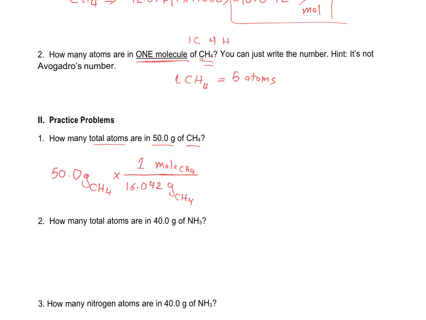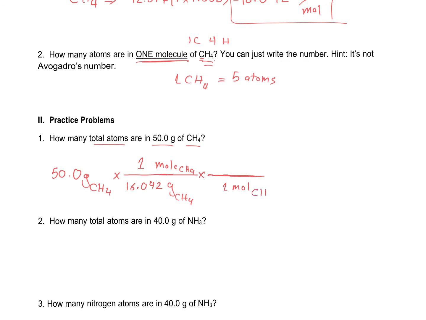Are we done? No. We have mole of CH4 so far. So how many CH4 do we have in 1 mole? For 1 mole, I write the mole on the bottom because I want to get rid of the one on the top.